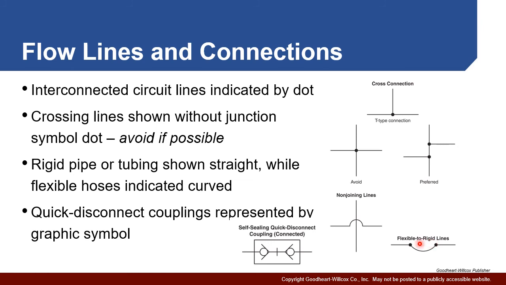And quick disconnects are shown here. These are shown connected. If the symbol was split in half and there was a gap between the 2, that would show them as disconnected. And by the way, in your diagrams, what you want to show is how they are normally set up. What is the normal condition?